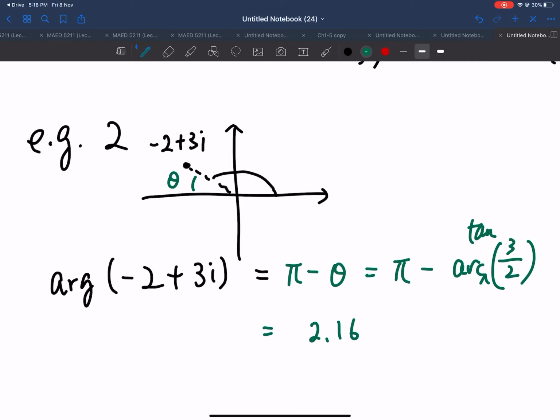So it does not give you this kind of answer. So better do it in this way. Always arctangent a positive number, and draw a graph to help you to find the angle.